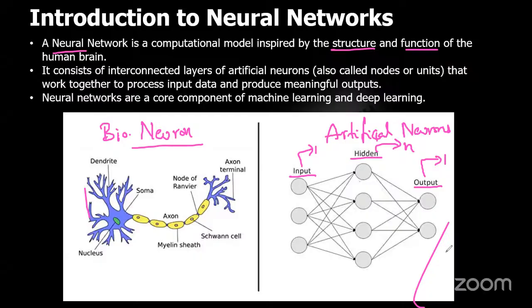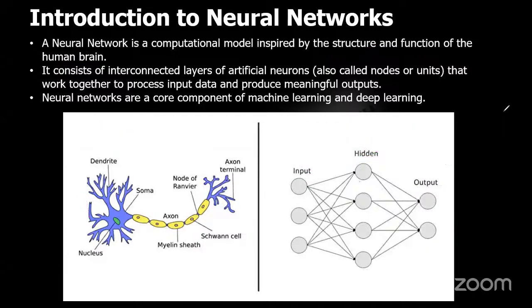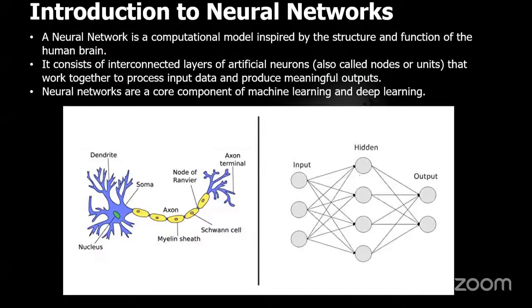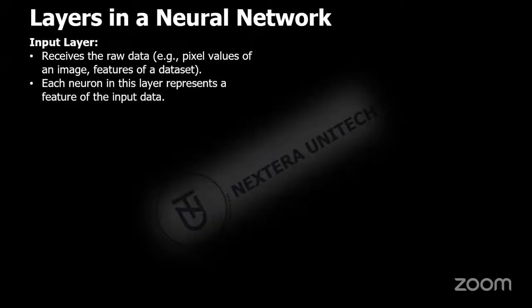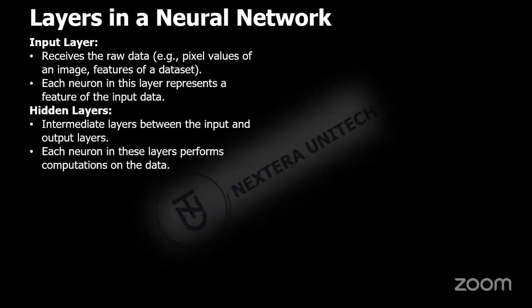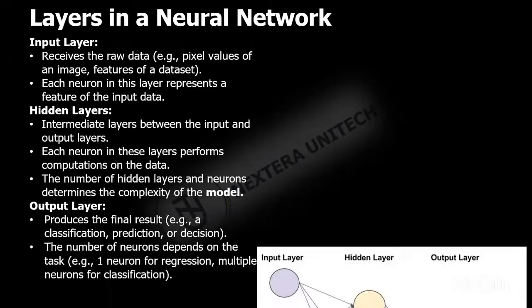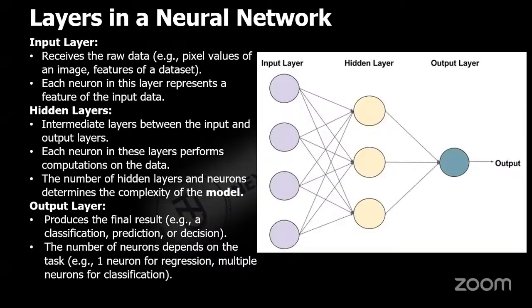Okay, so let us understand these layers in depth, one by one. What is the purpose of the input layer, followed by the hidden layers and the output layer? Within the neural network, we have three layers: input layer, hidden layer, and output layer.